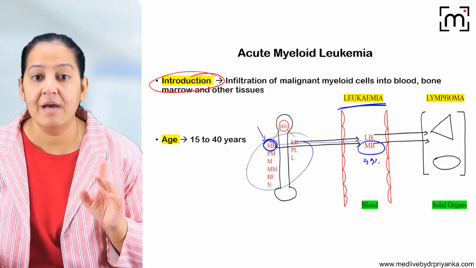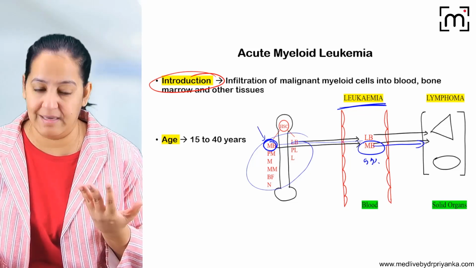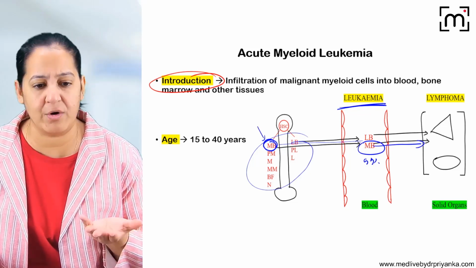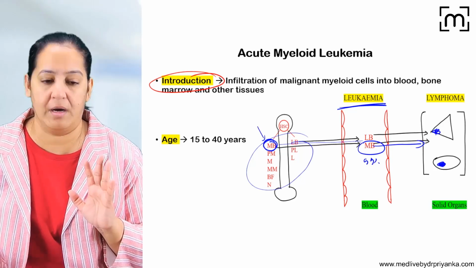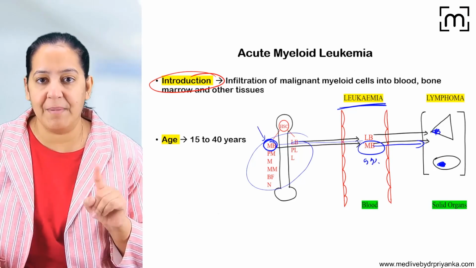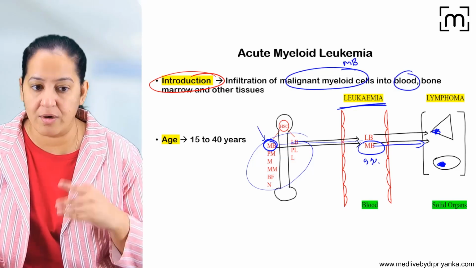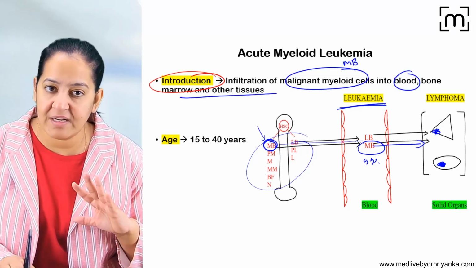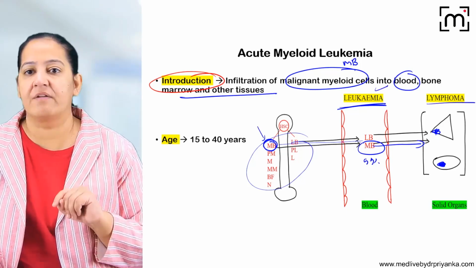After coming in the blood, this myeloblast enters solid organs like liver, spleen, lymph node, bone marrow, other solid organs, and it will produce discrete masses in the solid organs. So first, the malignant cells, by which I mean the myeloblast, first come in the blood, cause the leukemia, and they infiltrate other organs and convert into lymphoma. So first leukemia is there and then it converts into lymphoma.